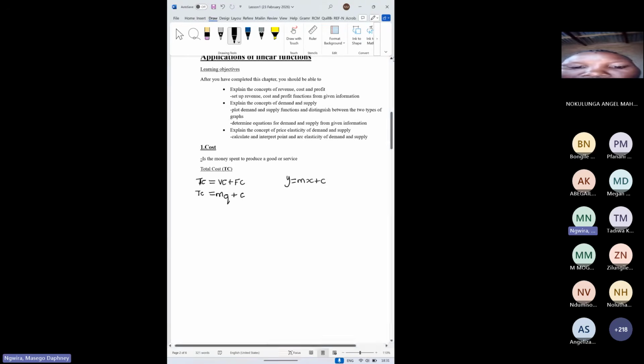Remember that a fixed cost is a cost that does not change and is paid even if the product is zero. So even if you don't have a product, you still have to pay the fixed cost. And then the variable cost changes; it is a constant amount per unit, and it changes with the number of units produced.